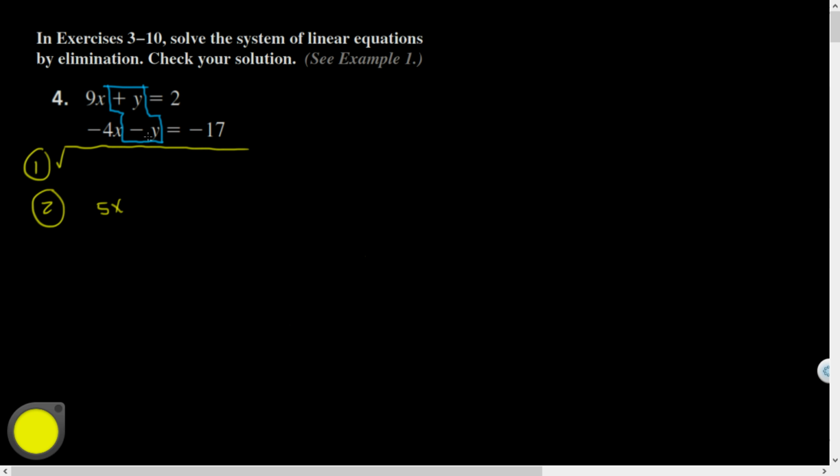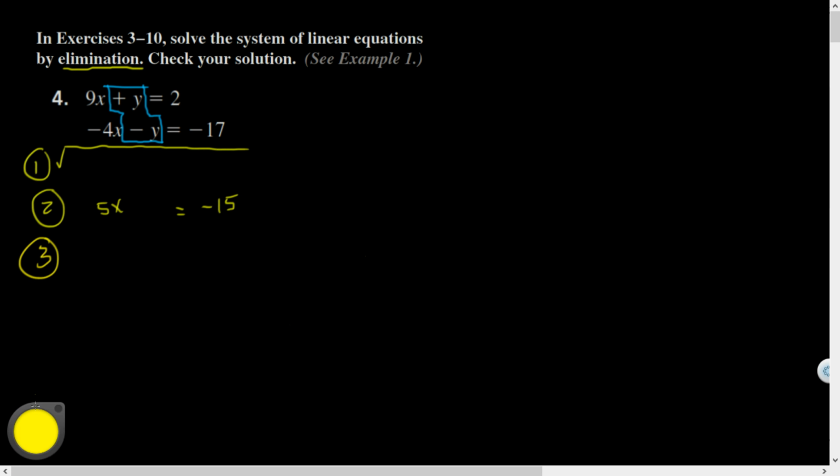The y's, positive y and negative y, add to be 0, so I don't even have to write it, which is what I wanted. It was eliminated. And 2 plus negative 17 is negative 15. So that was step 2 of the elimination method: add your two equations together, eliminating one of the variables.